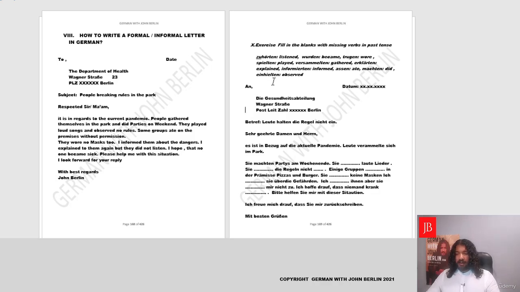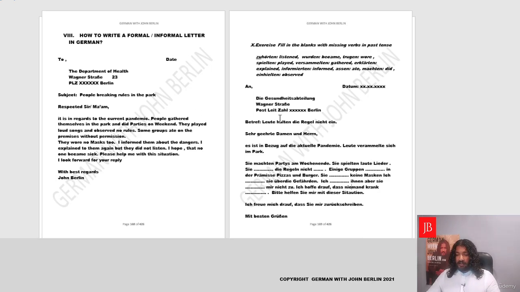Yes, it's a regular verb. You add a T, it becomes spielten. So we write Sie spielten laute Lieder. Yes, loud songs. What did they play? Songs. Accusative, kein article table, plural, E. Perfect.